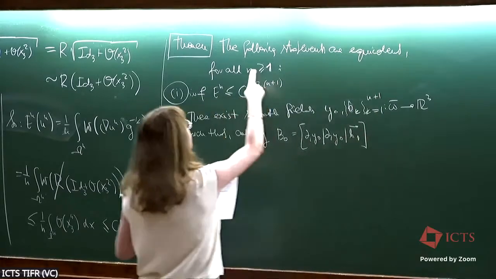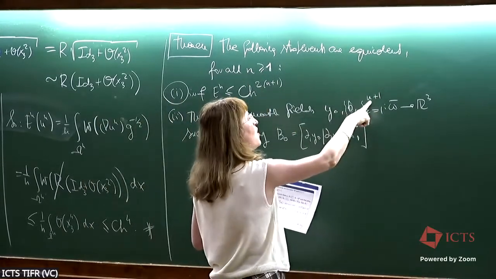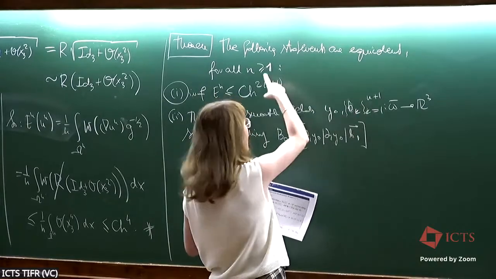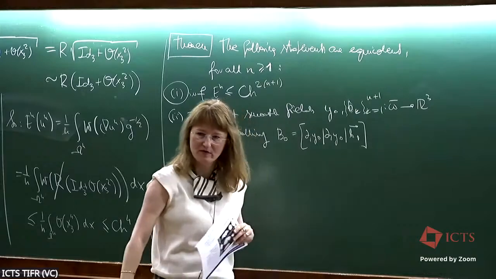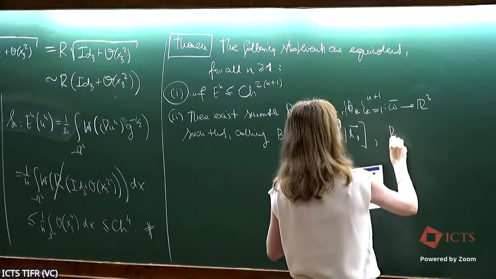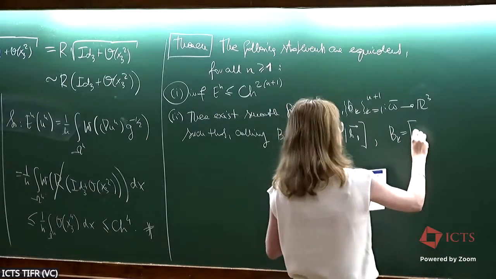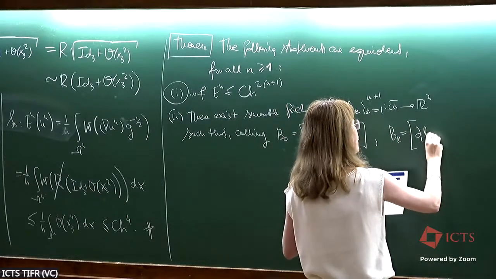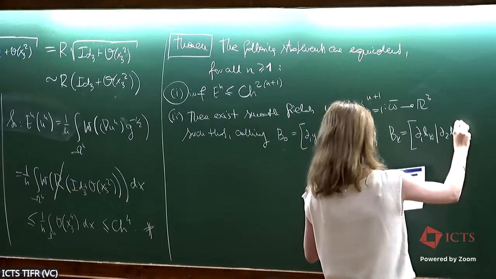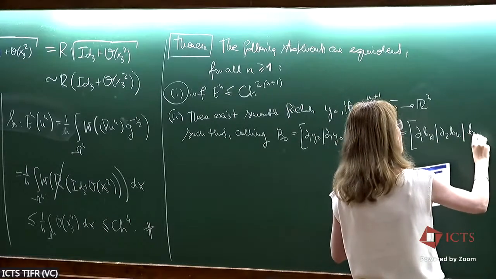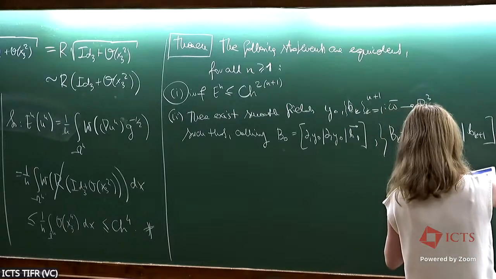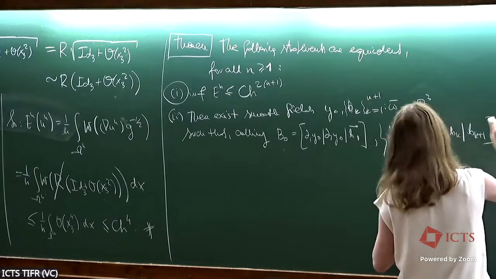Since n is greater or equal than 1, I have at least B1, but I also have B2, and I may have more if n is larger. So this is B0, and then I have BKs, which is B1, D1 BK, D2 BK, and BK plus 1, and those BKs I have from k equal 1 to n.